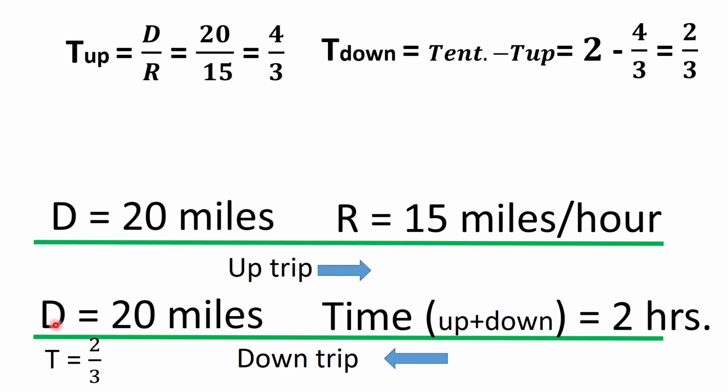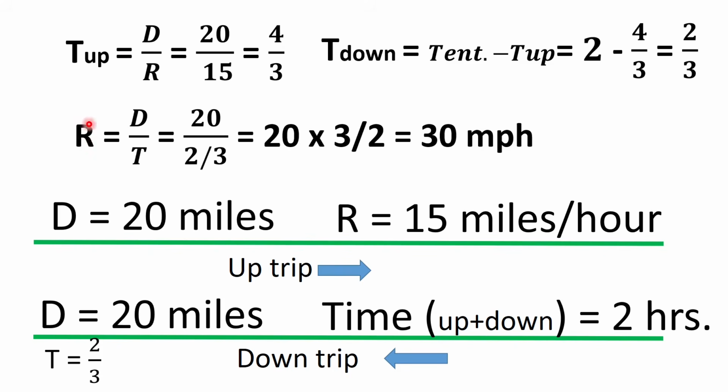Now we have time over here and we have the distance over here. So we can easily calculate r, the velocity, from this formula. r equal to, that is velocity equal to distance over time. Distance is 20 and time for the down trip is 2 divided by 3.